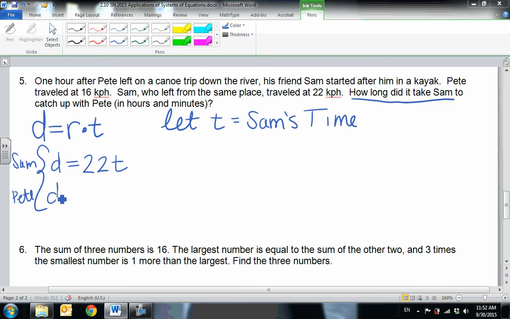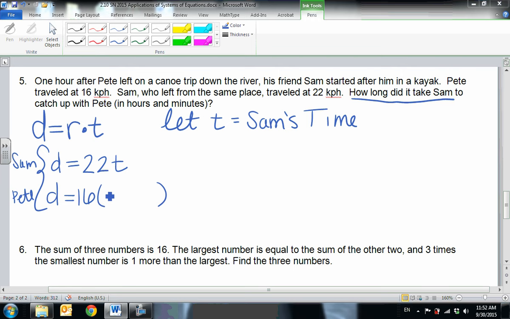D is still going to be D for distance because they're traveling the same distance. What's Pete's speed? 16 kilometers per hour. As soon as you write down the second speed, immediately open your parentheses, because we're going to have to manipulate Sam's time to turn it into Pete's time.